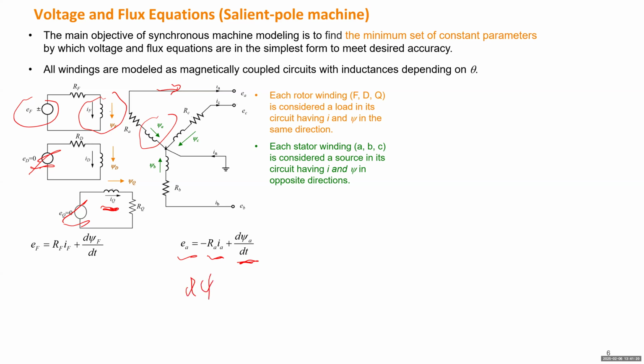Maybe we can write the equation this way. This is the source on the stator winding. And on the right-hand side, there will be a voltage drop, first on the resistance, then on the load, right? So that is the same equation here.